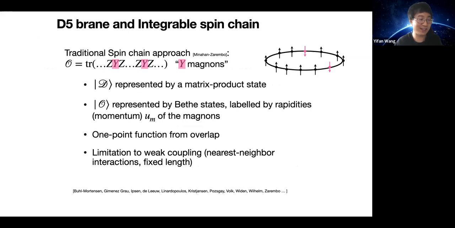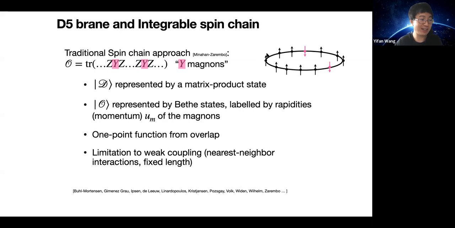In that case, the single trace operator can be represented as a spin chain. Here I'm focusing on the single trace operator built out of two complex scalars in super Yang-Mills, Z and Y. The case when the spin chain only consists of Z letters corresponds to the ground state of the spin chain, and the case where you insert additional Y letters, which correspond to so-called magnons, will give rise to excitations of the spin chain.